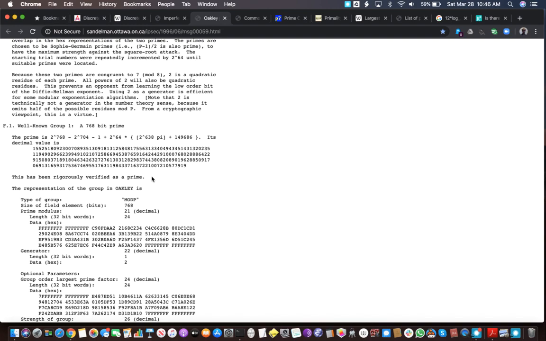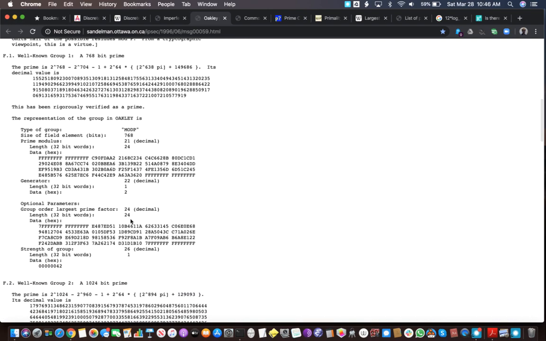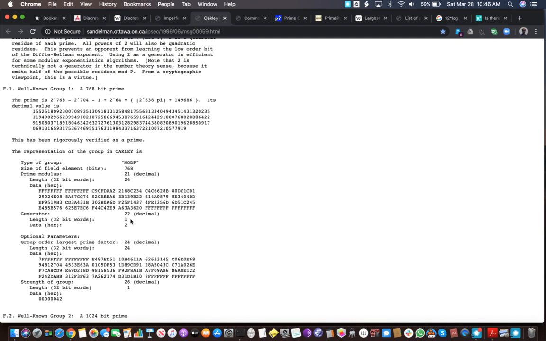And then it tells you relative to this prime, there's a generator. So what is the choice of generator here? Type of group, size of the field. Generator is 22. So somehow the number 22 is going to be a generator of this group.